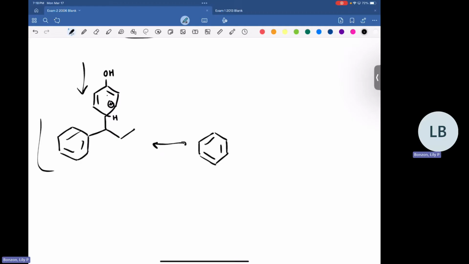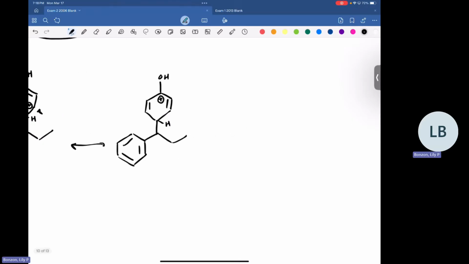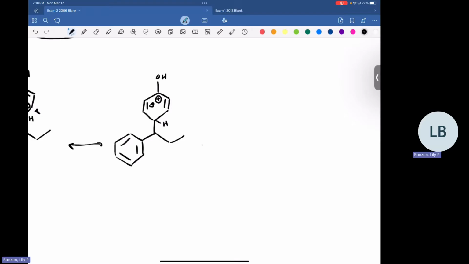So first, I can have this adjacent double bond come in. And the worst part about mechanism is just redrawing everything. All right. So now this carbocation is satisfied, but we have a plus charge at that position now. You could also resonate with that double bond, keep going around the ring.